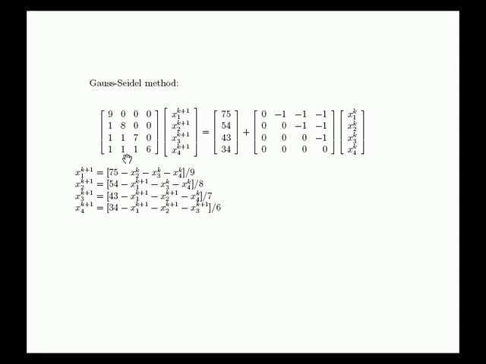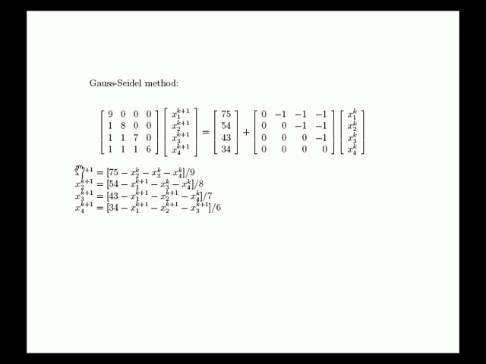This is equivalent to this because this is x1 to the k plus 1 plus 8 x2 to the k plus 1 equals all that. I just take the 1 times x1 to the k plus 1 on the other side because I already know it. See, there's k plus 1s. It looks like this is implicit because there's new values over here, but they're already known new values.